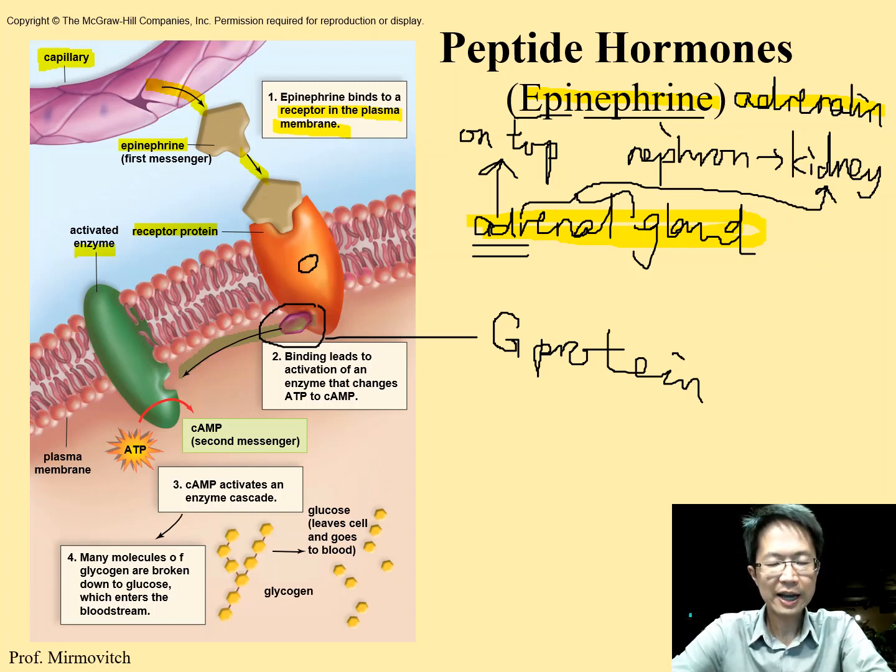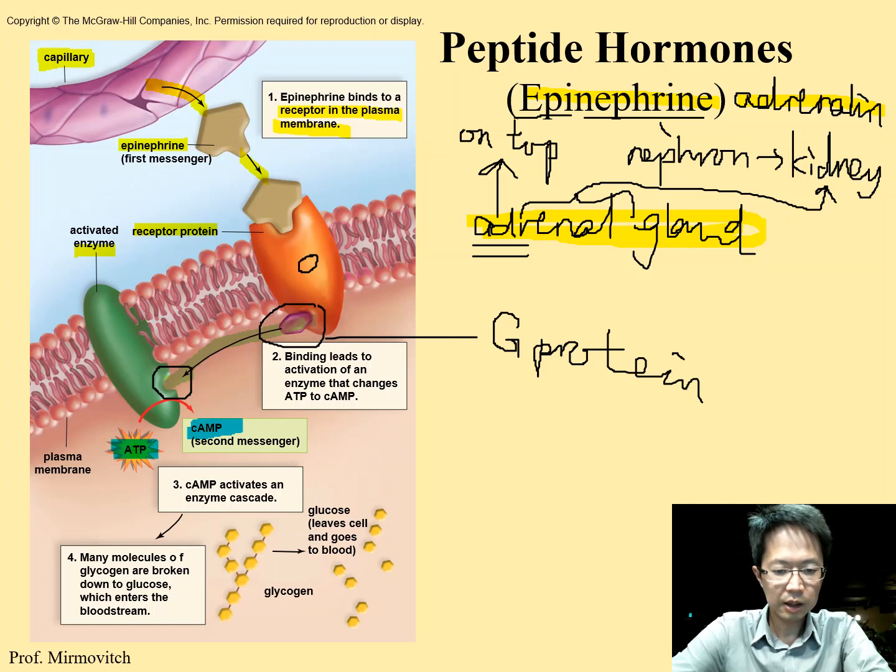It will activate this cell membrane enzyme by binding to it here. And what does this cell membrane enzyme do? Basically, it will convert ATP into cyclic AMP.